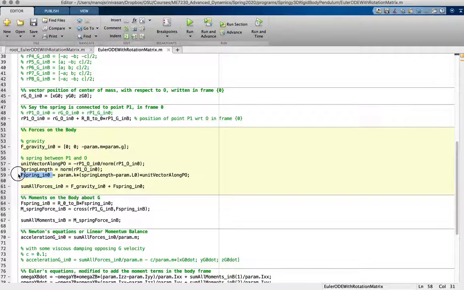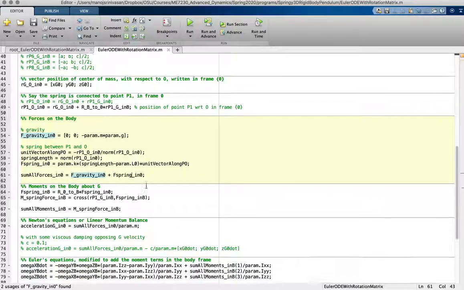And then the spring force, this vector spring force, is the parameter K, namely the stiffness, times the stretch of the spring, which gives you the scalar component of the force, and then this gives you the unit vector along the spring force. So that's the spring force, this is the gravity force, and the sum of all forces in frame 0 is gravity plus spring force.